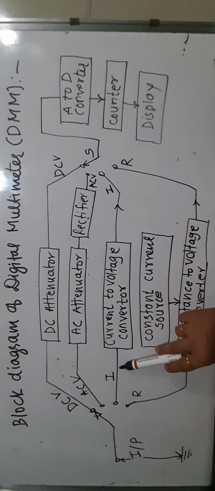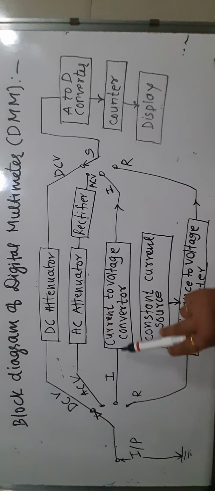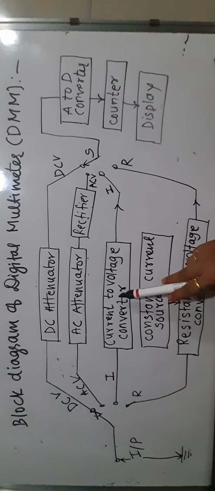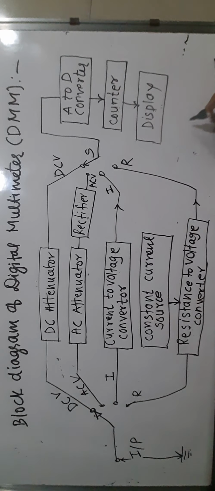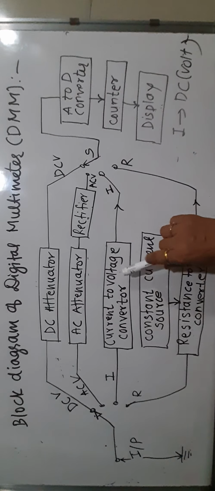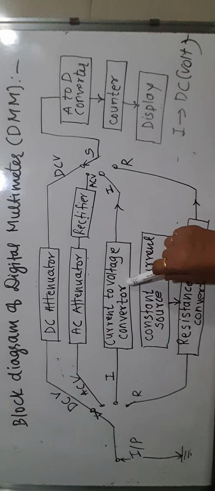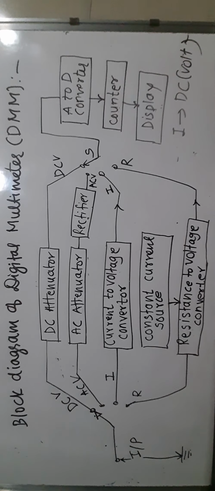So we want to measure the current, so current I is applied to current to voltage converter. Here op-amp circuit is used to convert applied current into proportionate DC potential. Current is converted to DC voltage. So current to voltage converter means op-amp converts current into DC voltage. Then that DC voltage is given to ADC, counter and display.